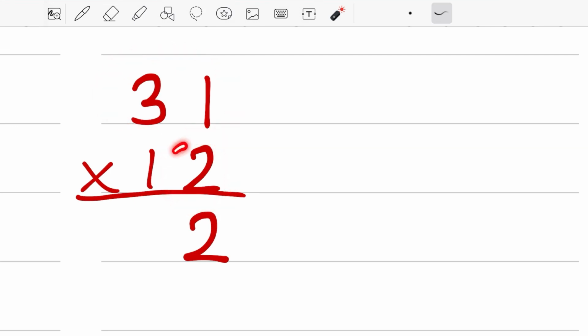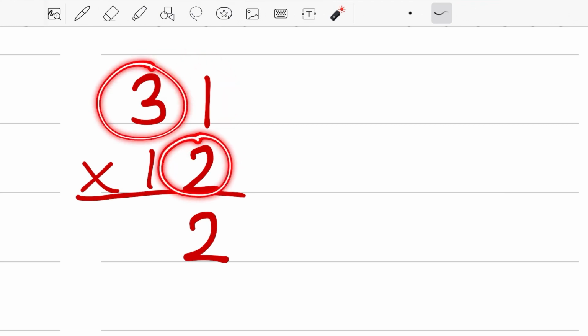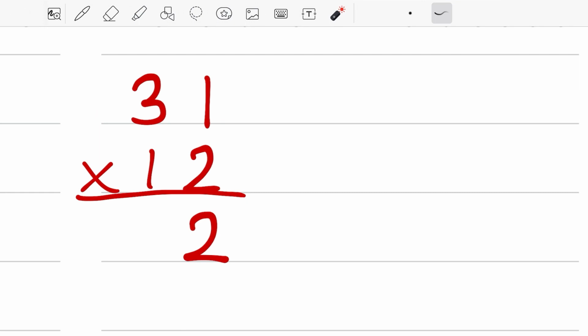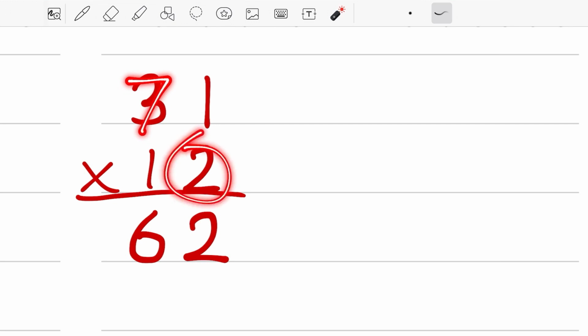We are going to multiply the ones number by the ones number first, and the ones number by the tens number after. So 2 times 3 is 6. If we had, for example, 7 here, we would say 2 times 7 is 14, and we would put 14 here.